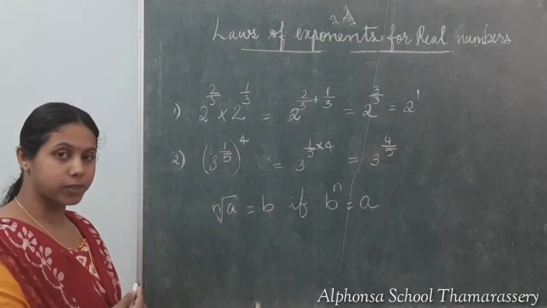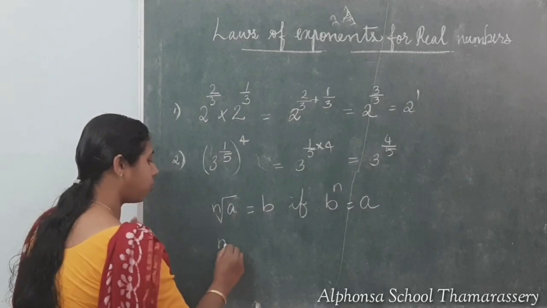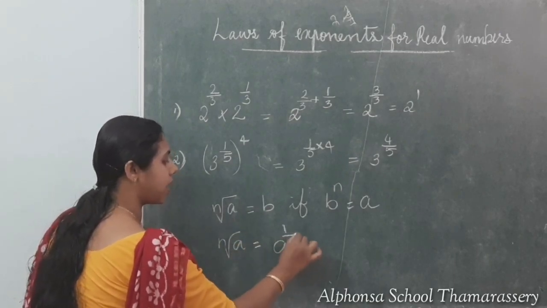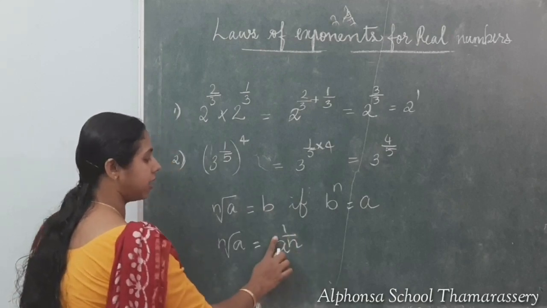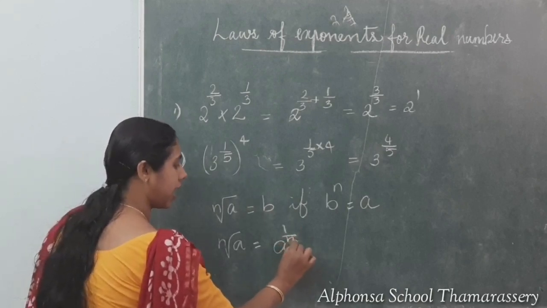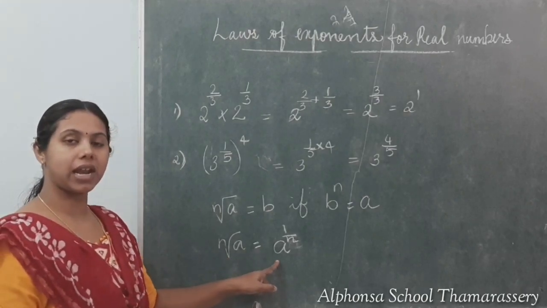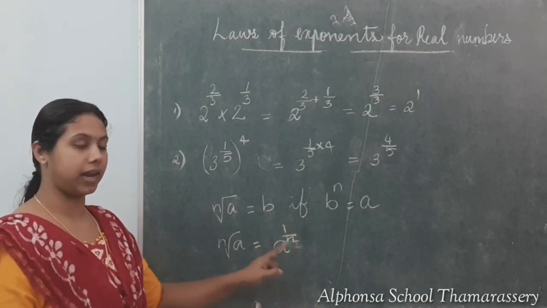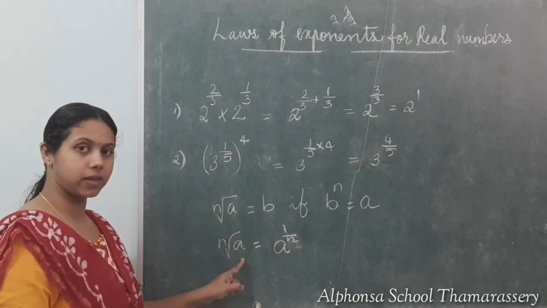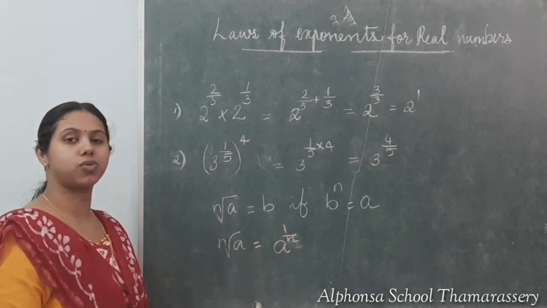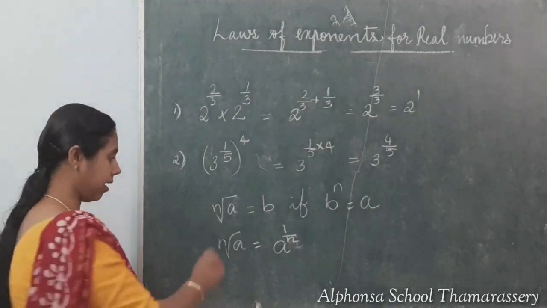In the language of exponents, we can write the nth root of a as a raised to 1 by n.